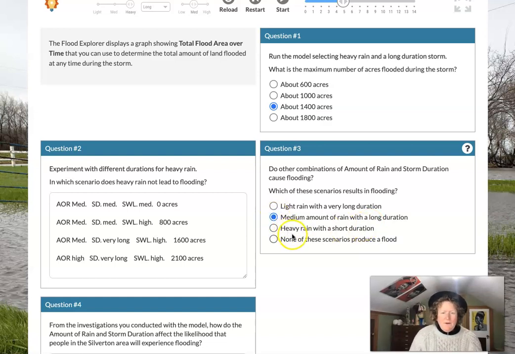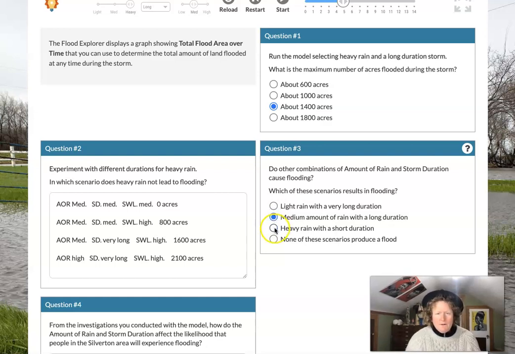For heavy rain with a short duration, it depends on what you mean by heavy and what you mean by short. There have been some storms that have dropped 15 inches of rain in a day. That can be a storm event too, because the ground can't absorb all that rain very quickly.